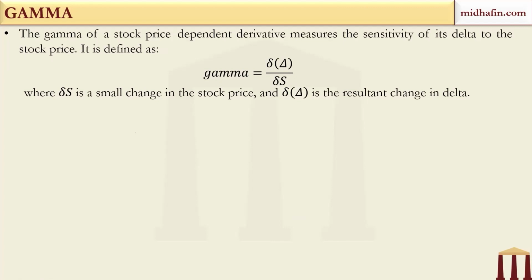Okay, that's the delta. In the case of convexity, convexity measures the change in the duration if the underlying yield changes. That means how the duration itself will change if the yield changes. Similarly, gamma measures how the delta will change itself if the underlying asset price changes. Okay, and if you apply Taylor approximation on delta and gamma also, the relationship is exactly the same.